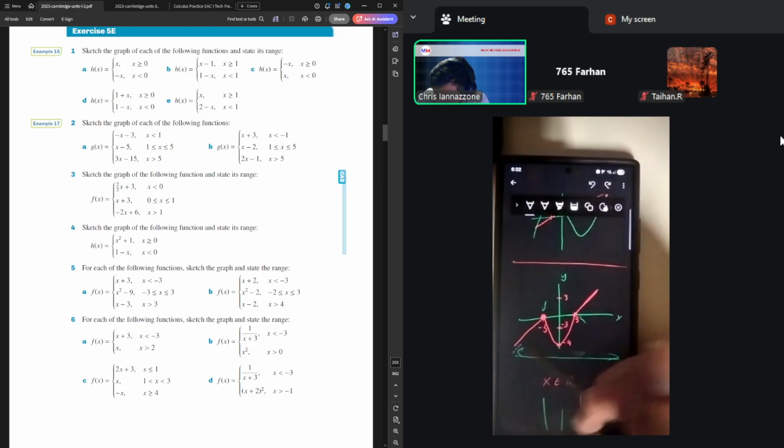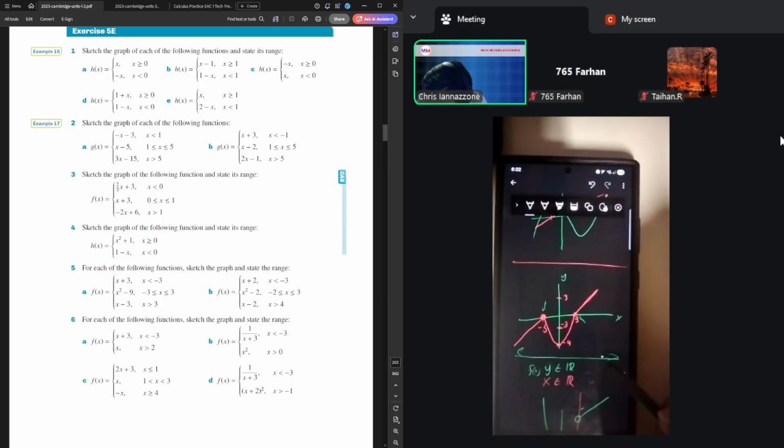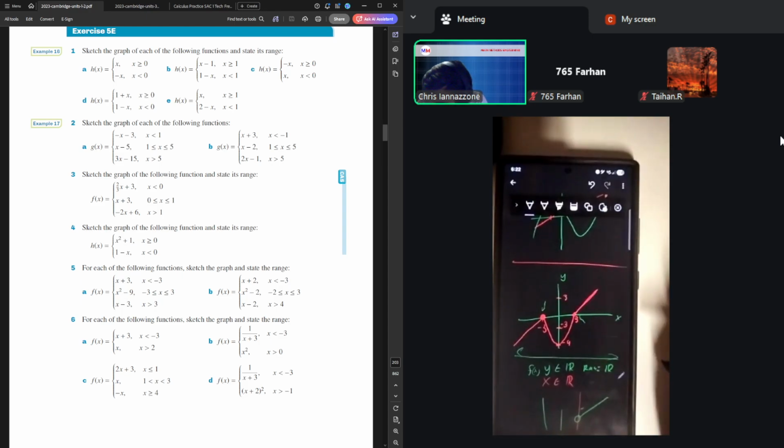This shoots off to negative infinity, this shoots off to positive infinity, and everything is joined up. So as far as how you say range, you can get away saying y is an element of real. You can say f of x is an element of real. It depends on what function you're given and what it's labeled as. Even just saying range is all real numbers works fine.